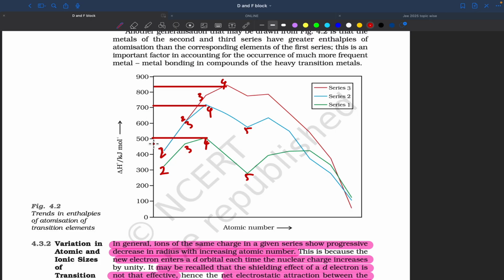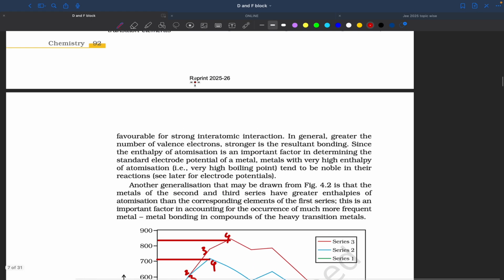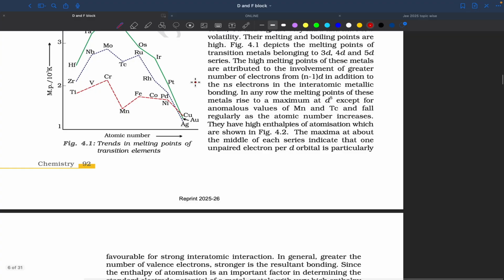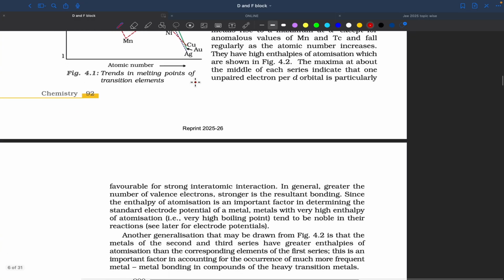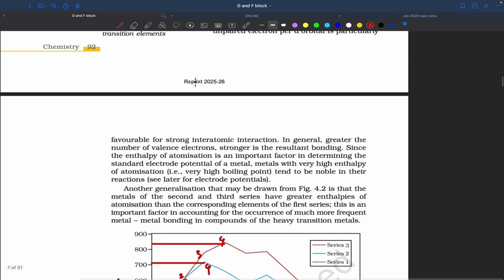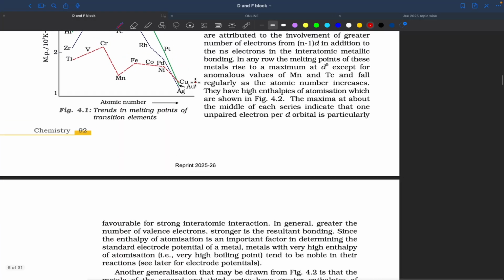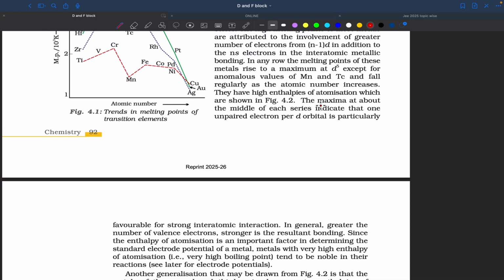So here, look, atomization and melting points are in the same order, right? So we can check it. The maximum about the middle series indicates that unpaired electrons in d orbitals are particularly favored for strong interatomic interactions.